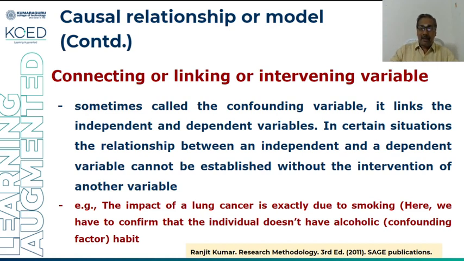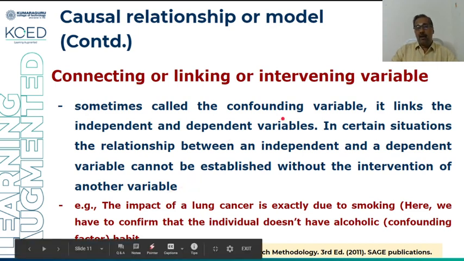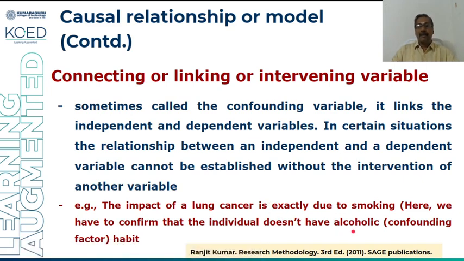Whereas here the confounding variable or the hidden variable is alcohol. Really speaking, that particular individual may be smoking or seldom smoking. He may be a chronic drinker, not a social drinker.